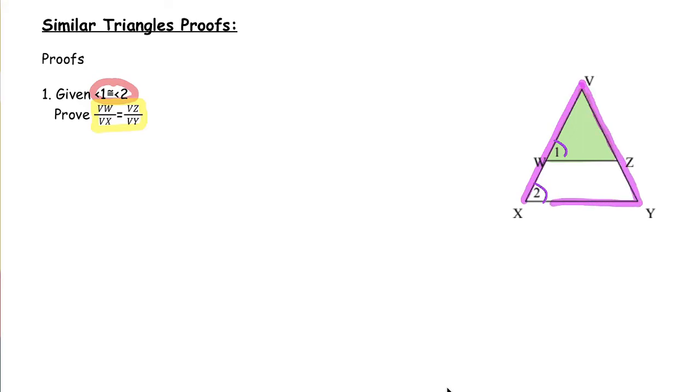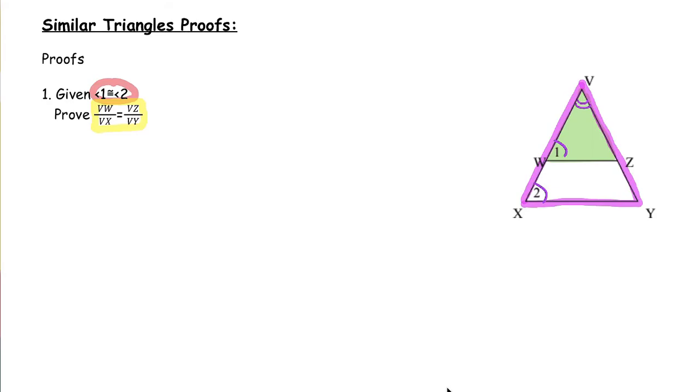When you have this happening in your image, they often have a shared angle, and you can use the reflexive property to show that that angle is congruent to itself because it exists both in the green triangle as well as the pink triangle. So it's kind of like it exists for two purposes.